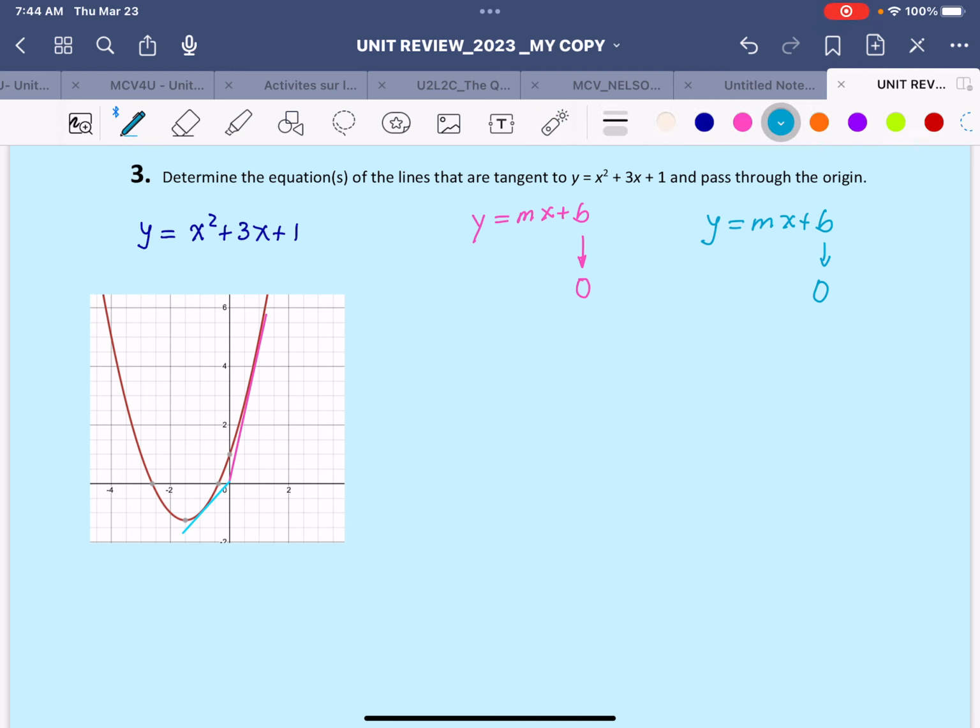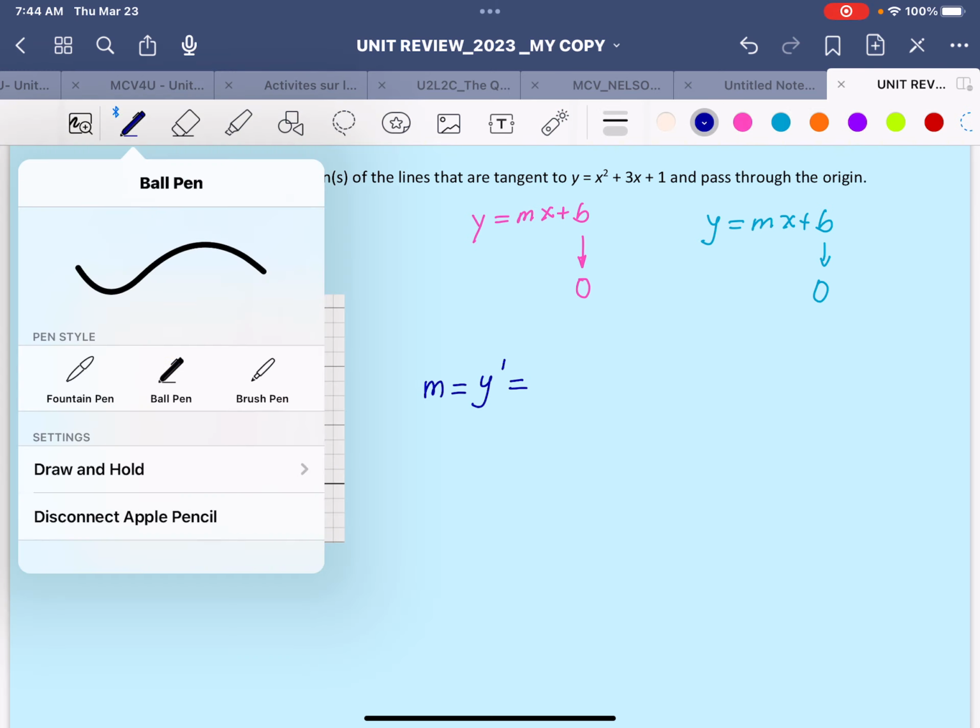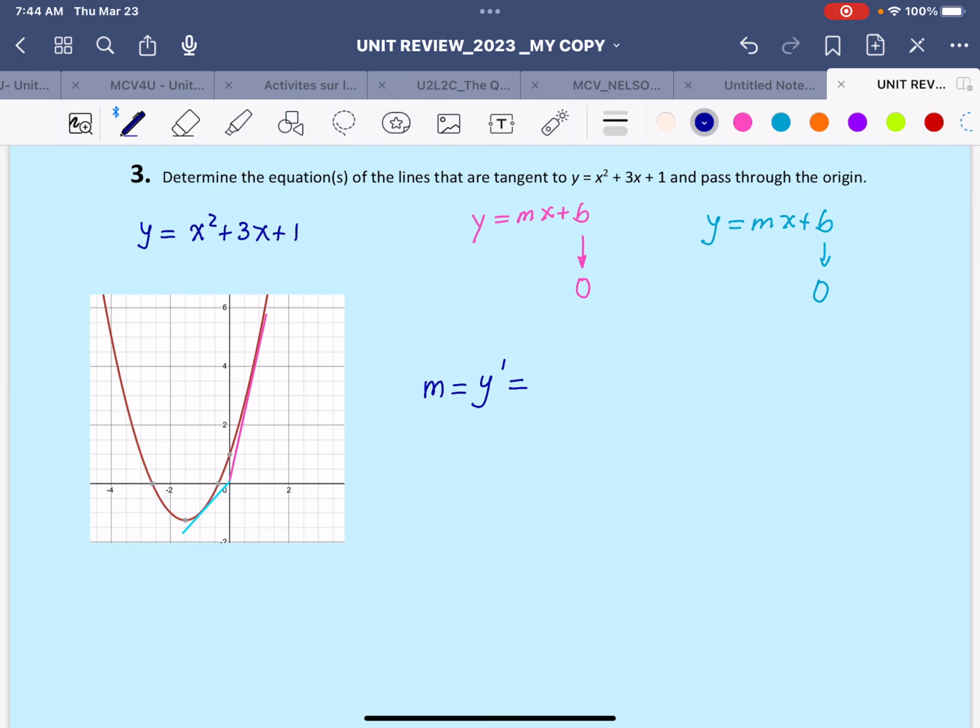So remember that whenever we say slope, we mean the derivative of a function, which means that the slope of the tangent at any point on the graph of this parabola will be given by the derivative of function y. With y being x squared plus 3x plus 1, we'll have the derivative 2x plus 3. So what does this expression do for us? 2x plus 3 can provide us with the value of the slope at any possible point on the parabola.